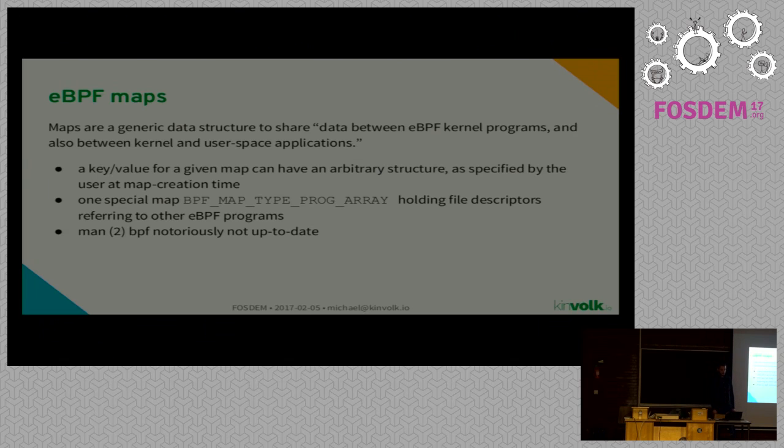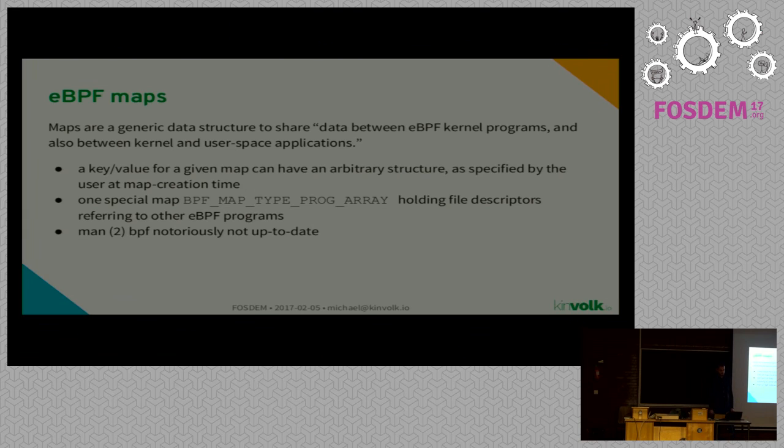And there's one special map. It's called prog array. And this is sort of a lookup table in the eBPF system, which contains entries to other BPF functions. So if you want to replace your currently running eBPF program with another one, you could look up one there and call it.